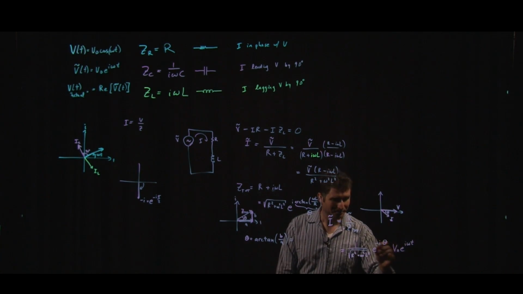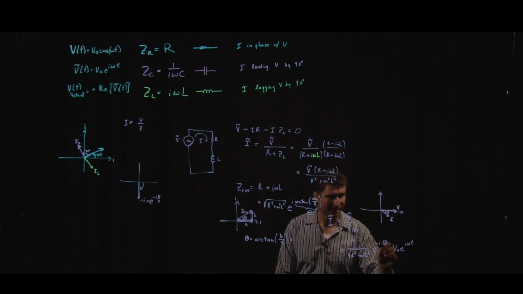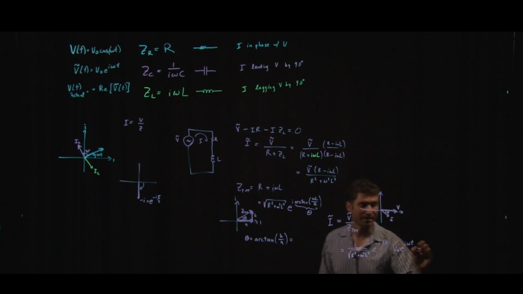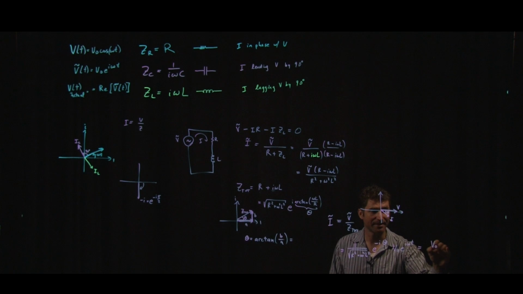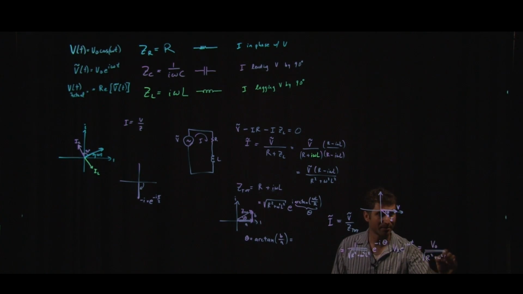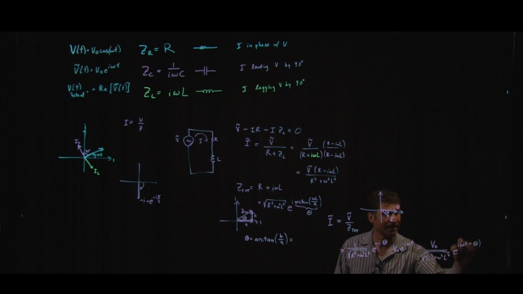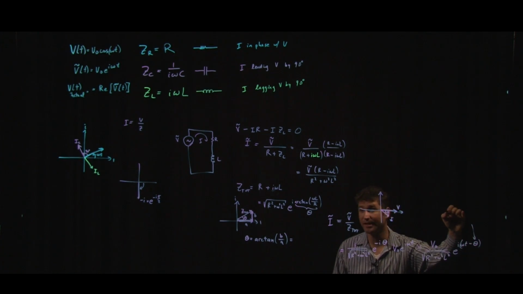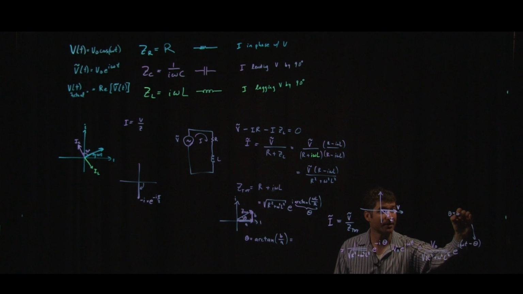So in other words, we can calculate the magnitude of the current and the phase. Taking this to its last step, I'll say that this is V naught divided by the square root of R squared plus omega squared L squared times e to the i (omega t minus theta), again, where theta is given as the arctangent of omega L over R.